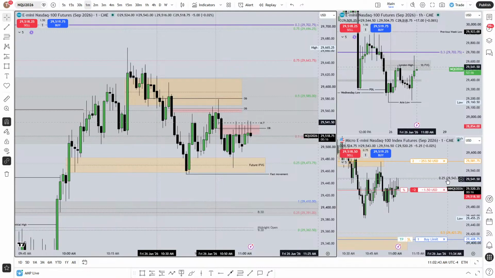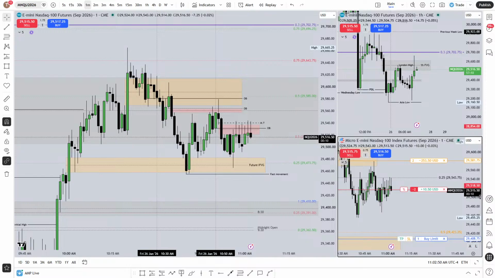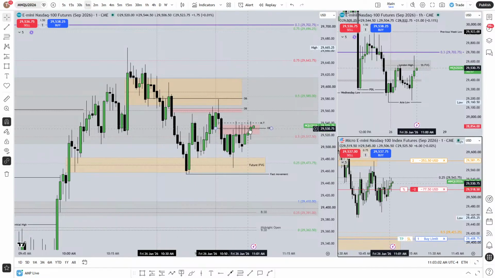We're also hitting the upper quadrant of the first hour dealing range right here. Okay, so I don't like that. We just closed above the midpoint of this SIBI.